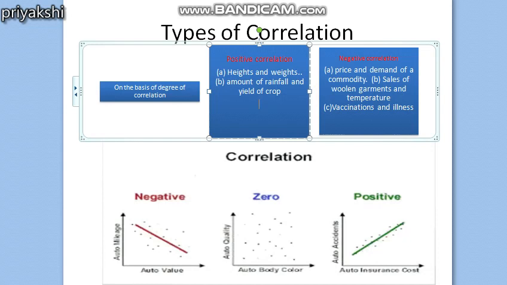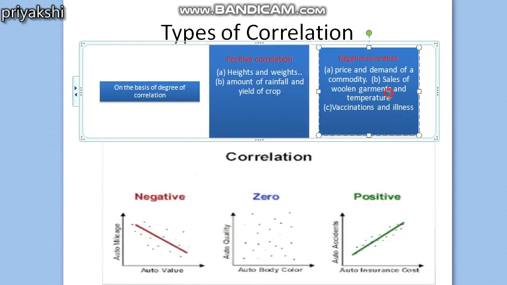So next we will see what is negative correlation. Correlation is said to be negative when the values of the two variables move in the opposite direction, so that an increase in the value of one variable is followed by a decrease in the value of the other variable.